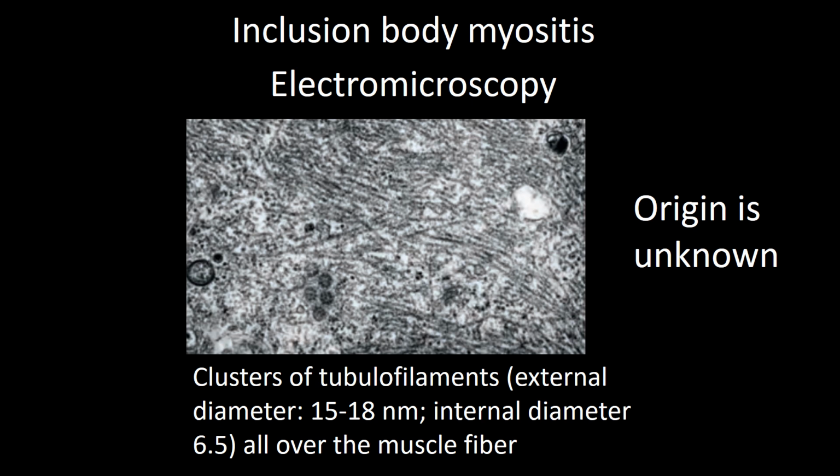Some authors believe they are formed from myxovirus nucleocapsid, but the myxovirus, to my knowledge, has never been isolated, while other authors feel that they are thick myofilaments. Finding out what these tubulofilaments are is probably the clue to answering the riddle of IBM.